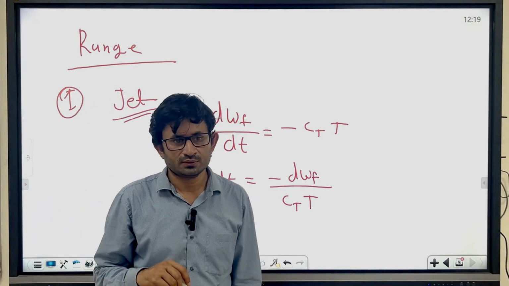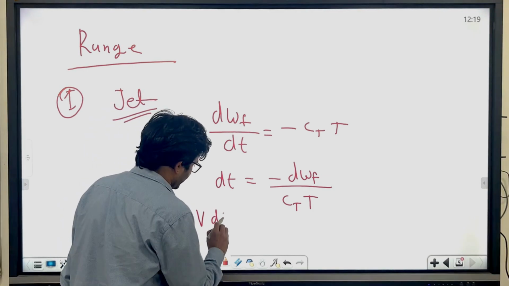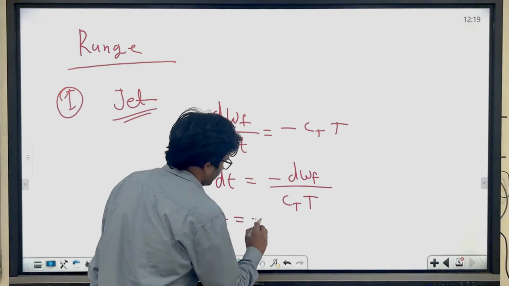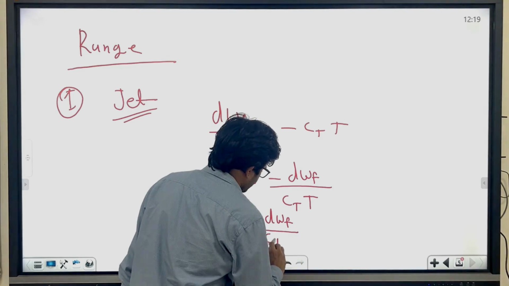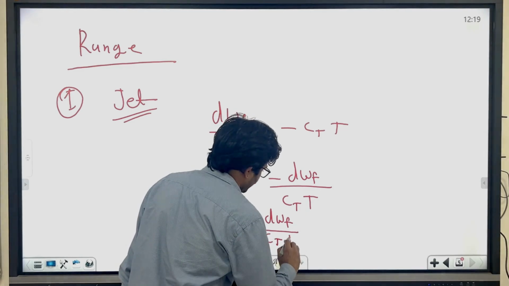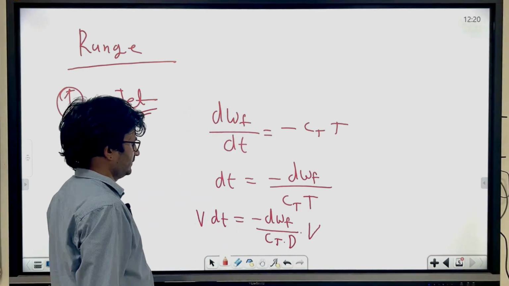Velocity only, right? Okay, so here I will multiply by V at which you are flying, minus dWf Ct, and this I will write as drag, thrust required equal to drag, and into velocity V.